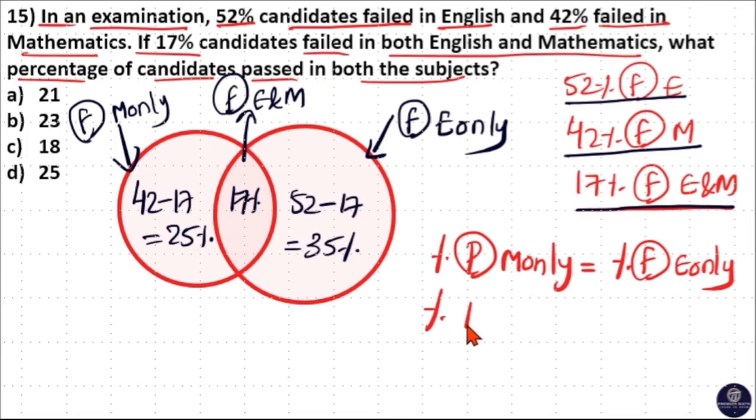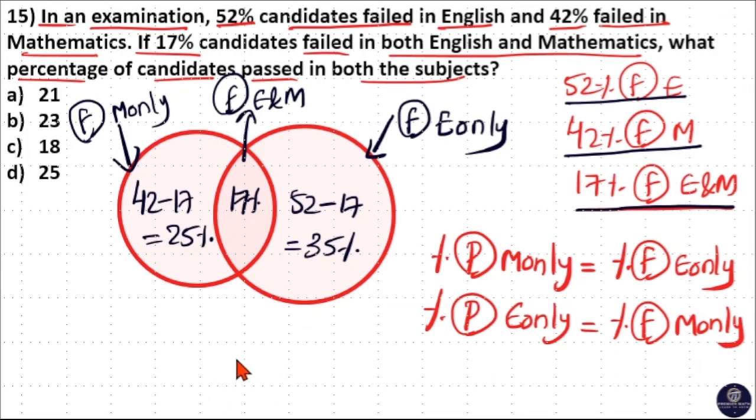Same way, percentage of students who passed English only is included in percentage of students who failed maths only. These are equal.